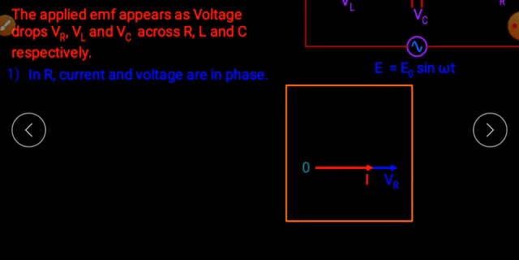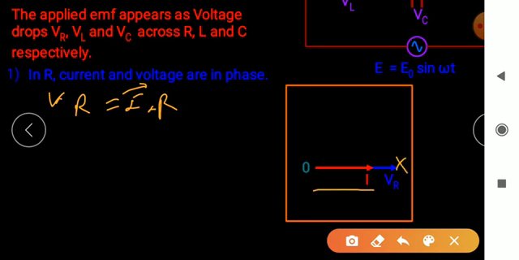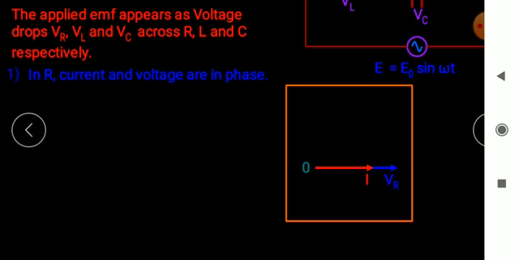In R, the maximum voltage is given by VR equal to I naught R. So in this figure, the current phasor I naught is represented by this. We can say this is OX.